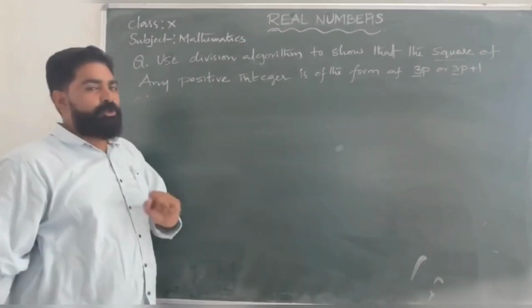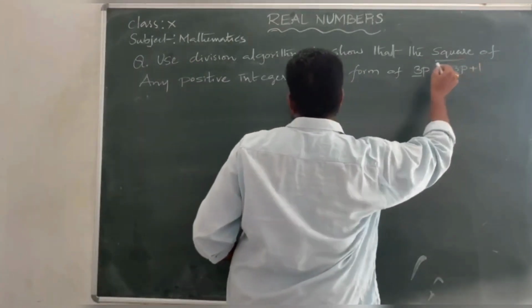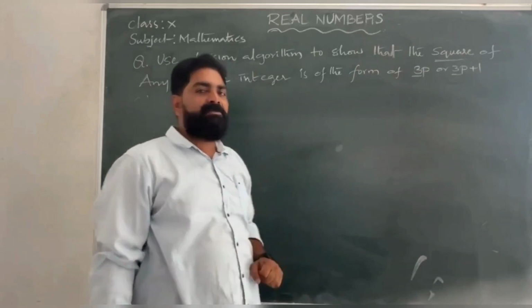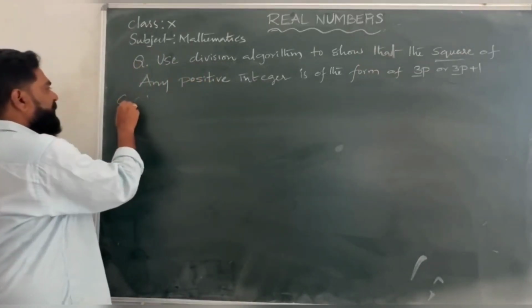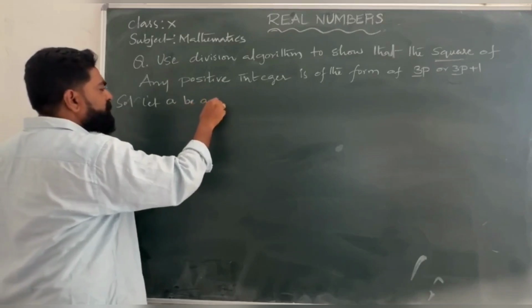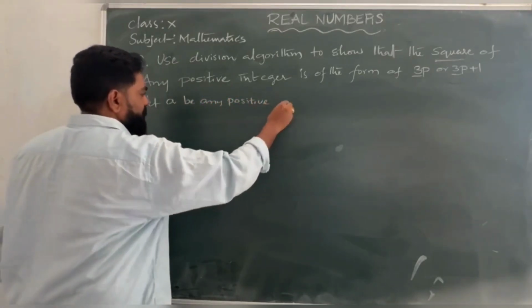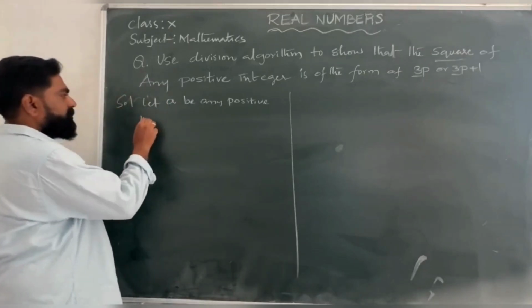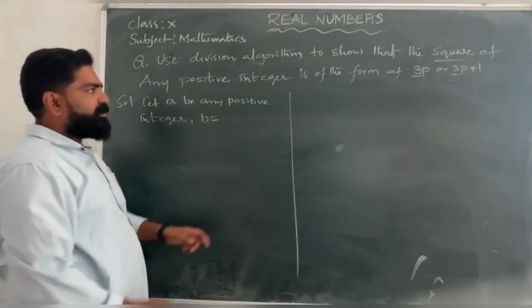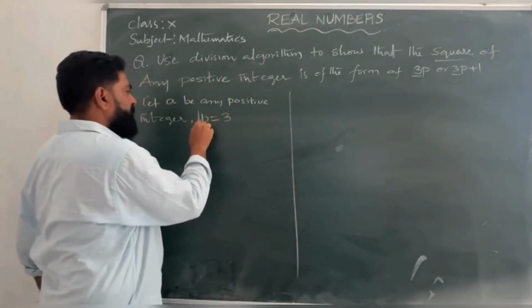The question is, use division algorithm to show that the square of any positive integer is of the form 3p or 3p plus 1. So solution. Here, let A be any positive integer. Here, B is equal to, what is the value? B is 3. So we are taking B is equal to 3.